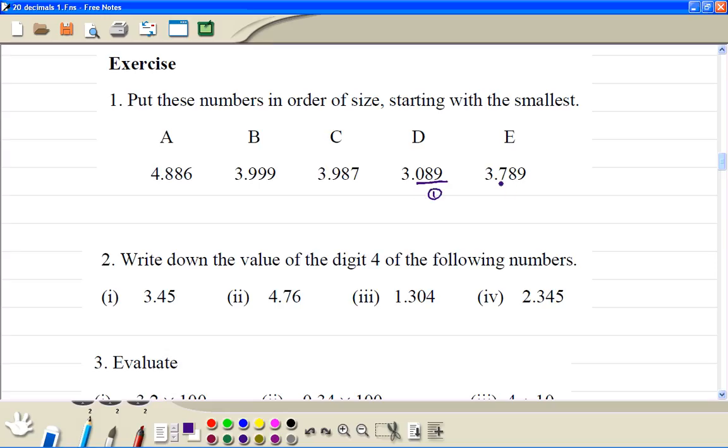Then we have 789, then we have 987, then 999, that's position 5. So the smallest is D, then it's E, C, B, then A.